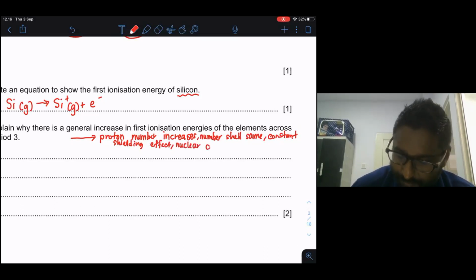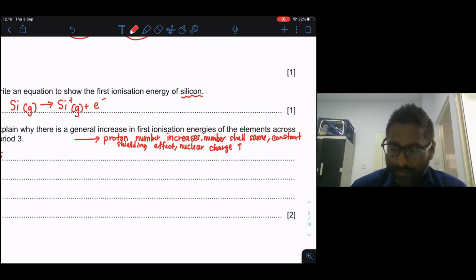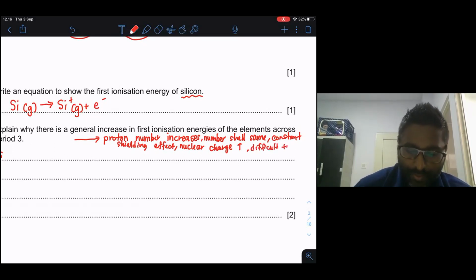It increases. So it's going to be more difficult to remove the electron, because there is a stronger attraction of the electrons towards the nucleus.